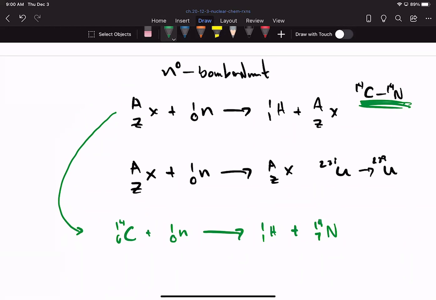I think I was using boron 14 in my example.